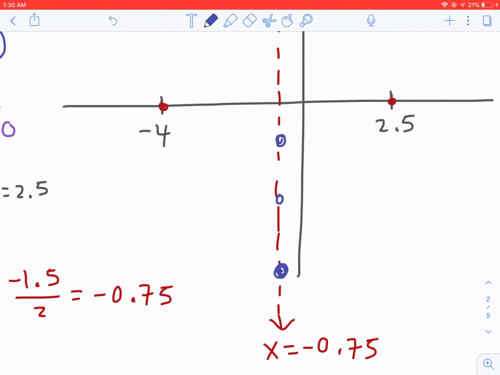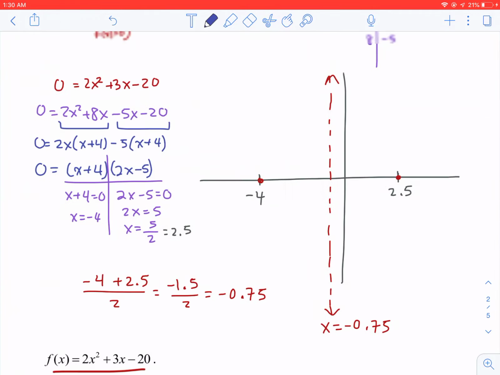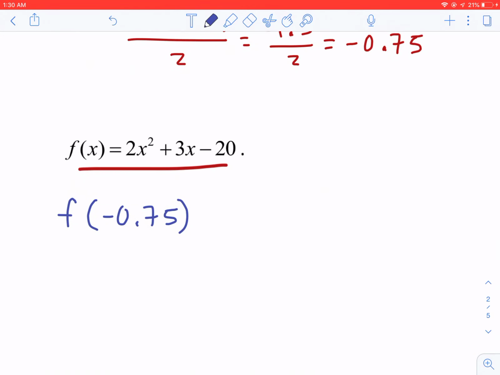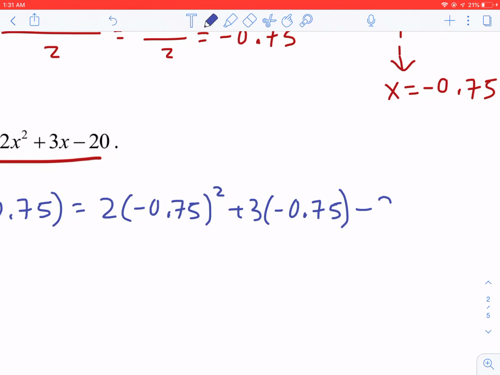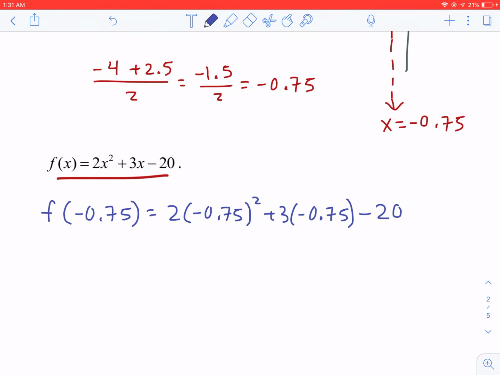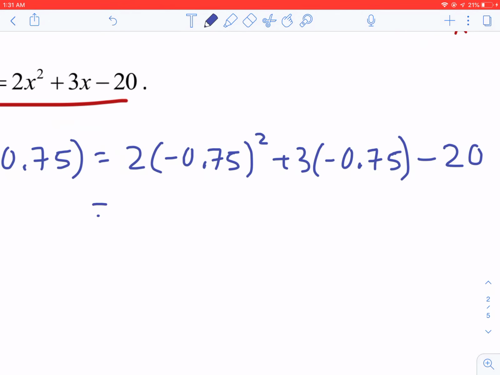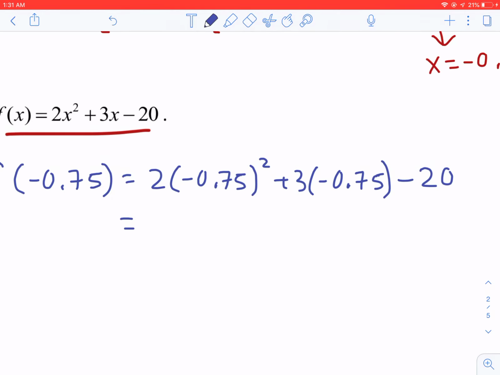We plug in the x value of negative 0.75. Doing that, we get 2 times negative 0.75 squared plus 3 times negative 0.75 minus 20. At this point, I would just type the entire thing into the calculator and see what we get. So that is what I'm doing right now.